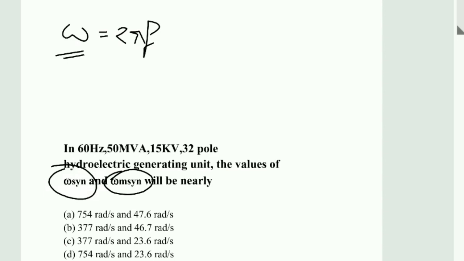So whenever we take electrical degree in rotational motion, the change of angular displacement with respect to time is omega, angular velocity. So d theta e by dt is omega.